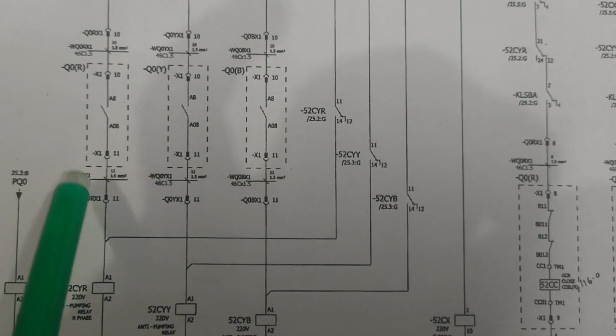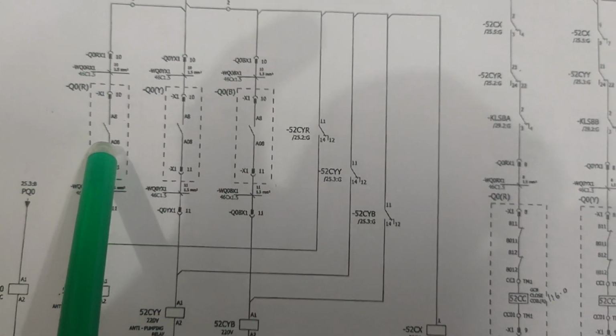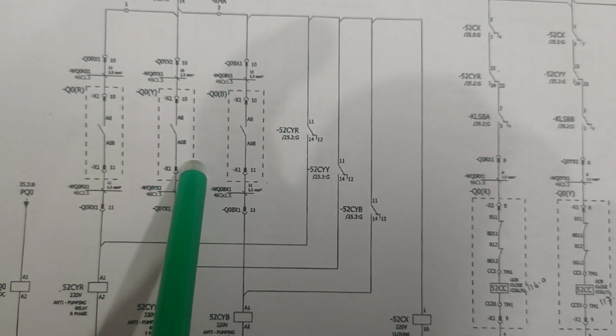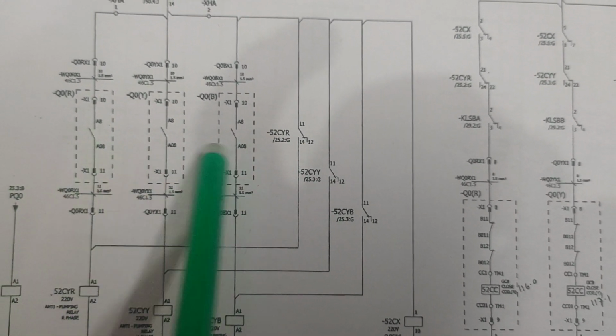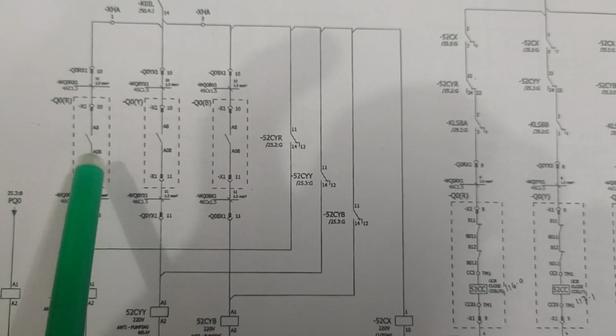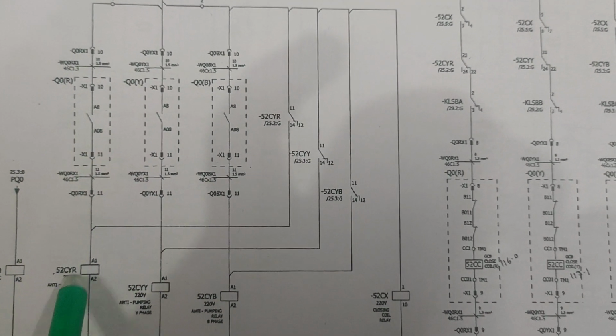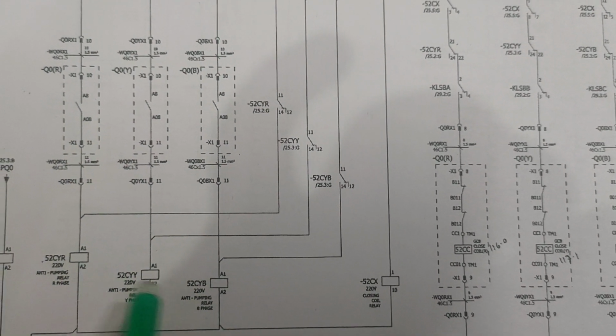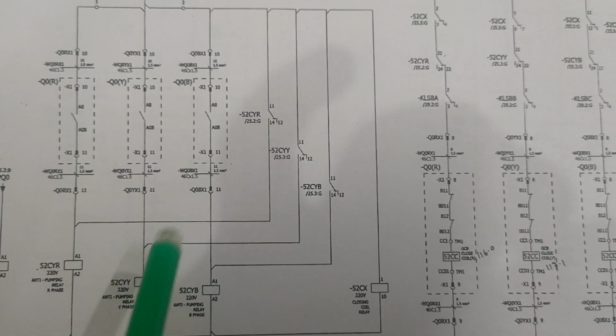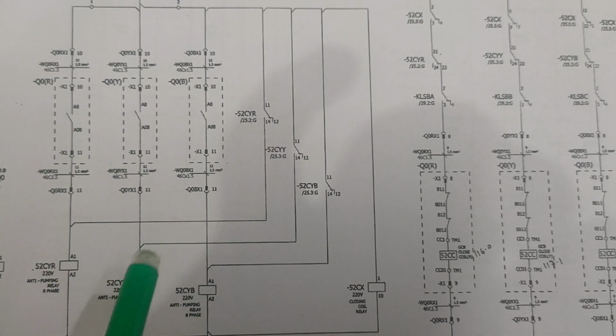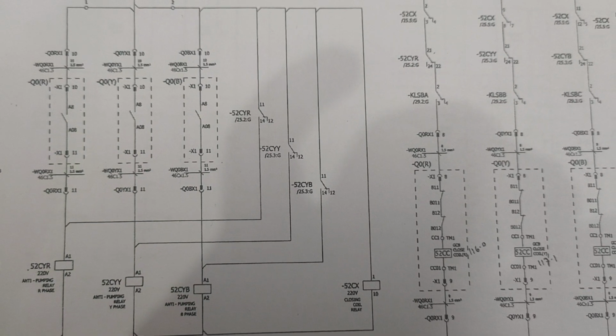Then these R pole contact, Y pole contact and B pole contact will be NC. If that will be NC, then this coil will get energized. If this coil will get energized, its according NO and NC contacts will change together.